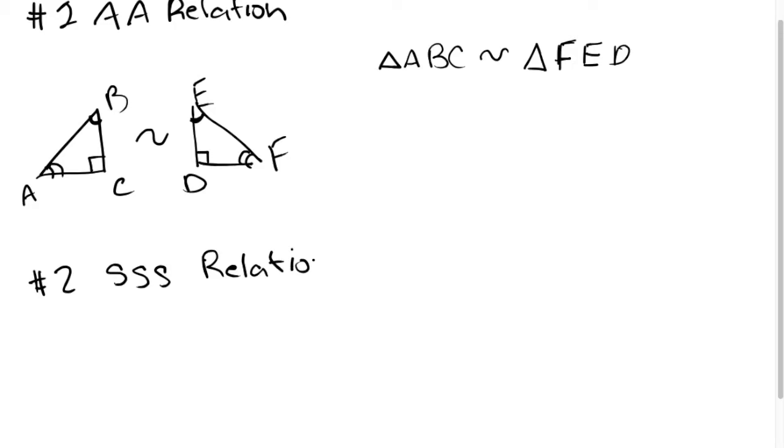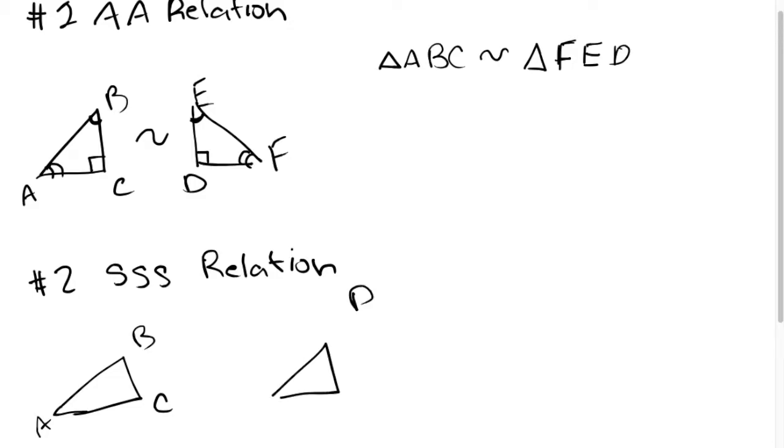Say for example I had triangle ABC over here, and I had another triangle DEF. I knew that side AB is 3, side BC is 4, and side AC is 5. And I also know that side DE is 6, side DF is 8, and side EF is 10.